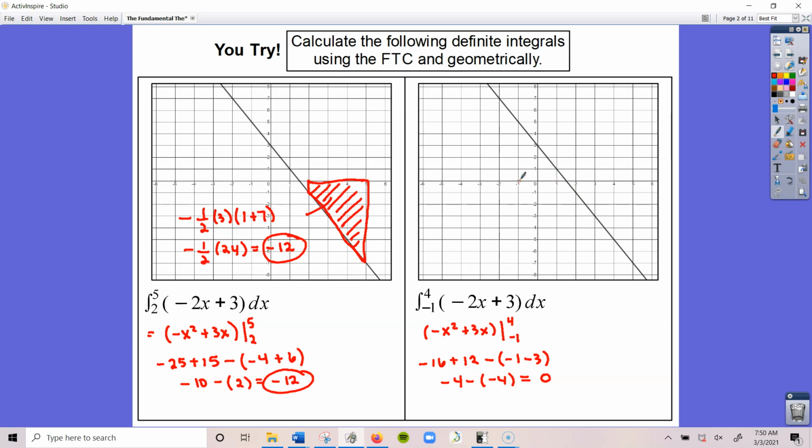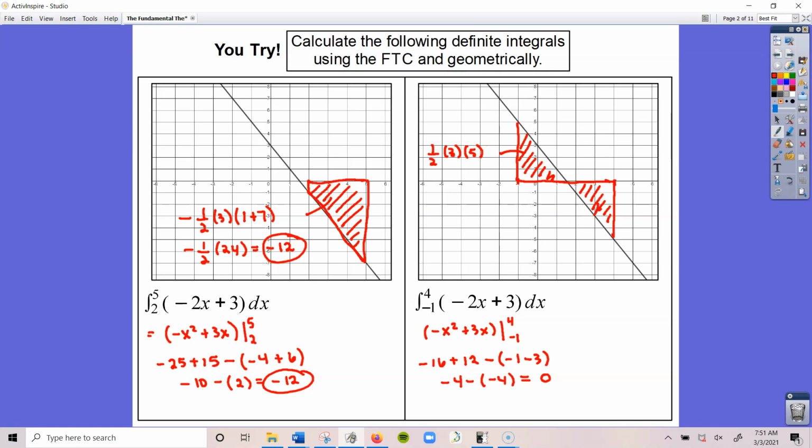If we're evaluating from negative 1 to 4, what we get here is a positive area for this triangle, and then a negative area for this triangle. If we were to calculate each individual area, the area of a triangle is 1/2 times the base, which is 3, times the height, which is 5.